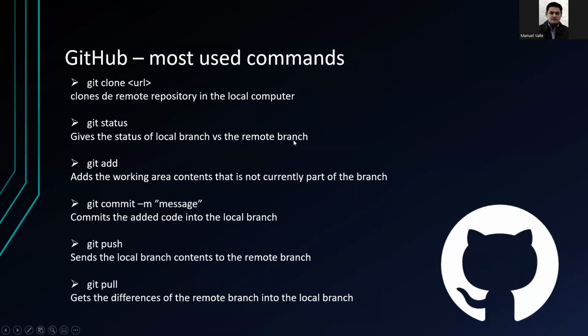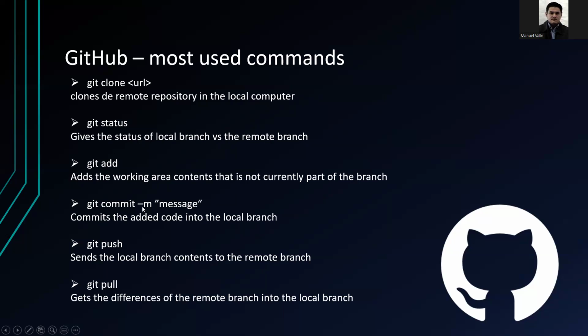So that means what do I have in the local branch, or what I don't have in my local branch, but I have in the remote branch, and it is in my working area. So it is going to tell you the difference and what needs to be included. Then the git add includes the changes that were highlighted in the git status.